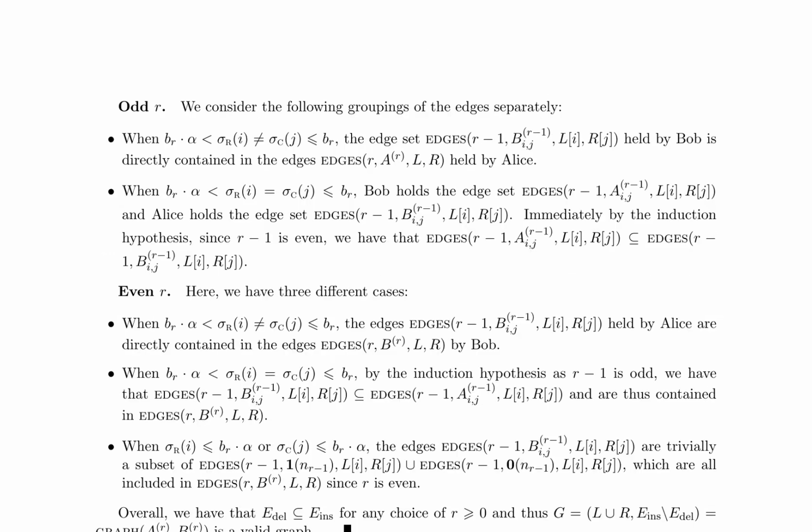The authors construct a valid graph G equals (L union R, E_ins, E_del) from an instance A_R, B_R of AHM_rand by considering two cases for edge grouping: when R is odd and when R is even. In both cases, they demonstrate that the edges held by one player are directly contained in the edges held by the other player, ensuring the graph's validity.